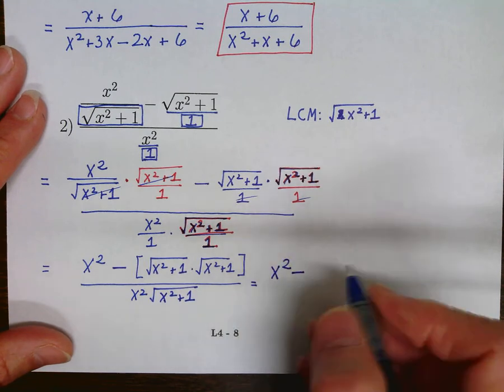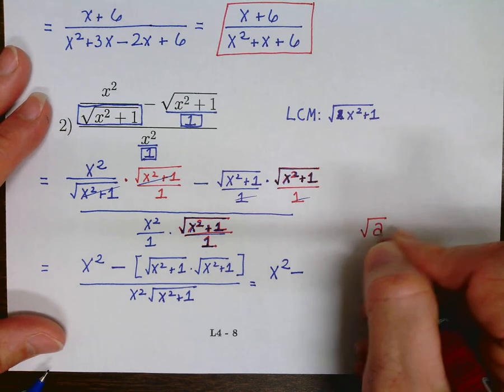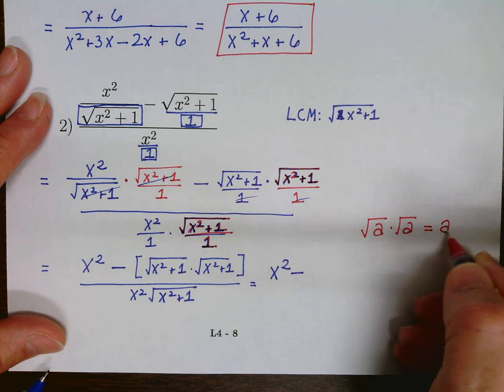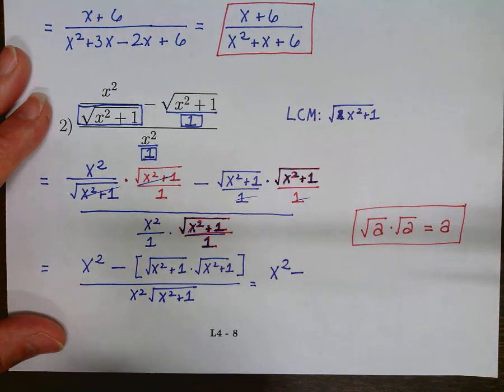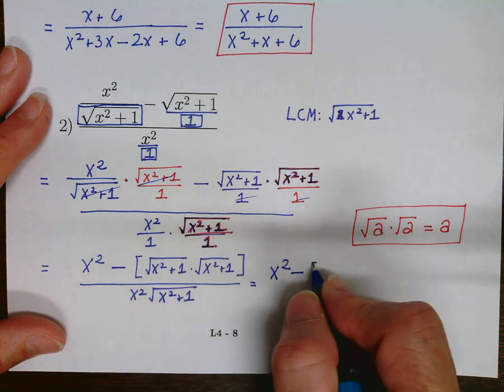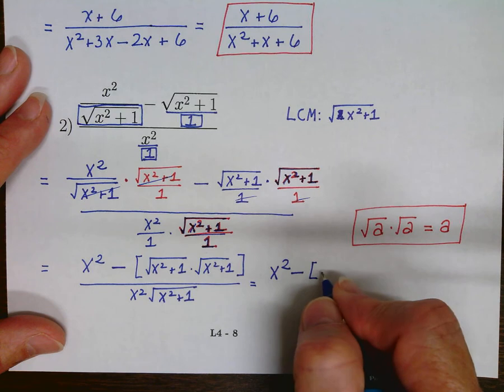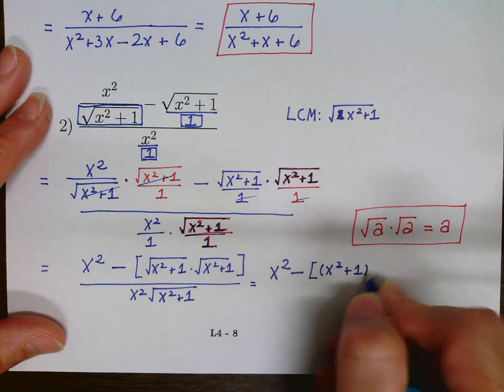What happens when we multiply the square root of a times the square root of a? We know we just end up with a. And so that's what happens here. This is just going to be square root of x squared plus 1 times the square root of x squared plus 1. I multiply them together, and I just get x squared plus 1.